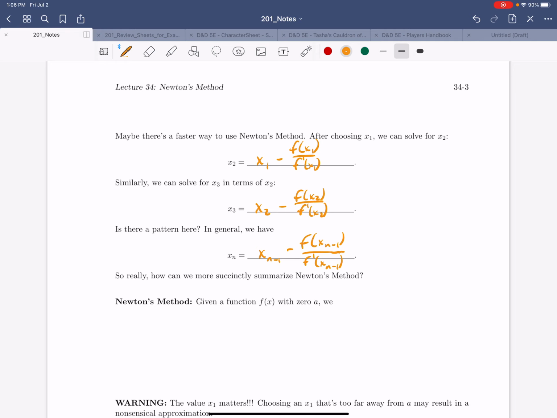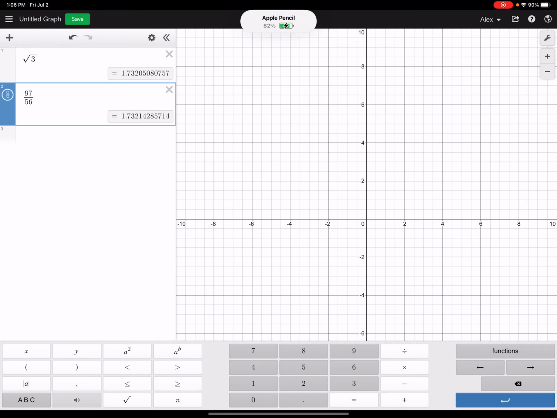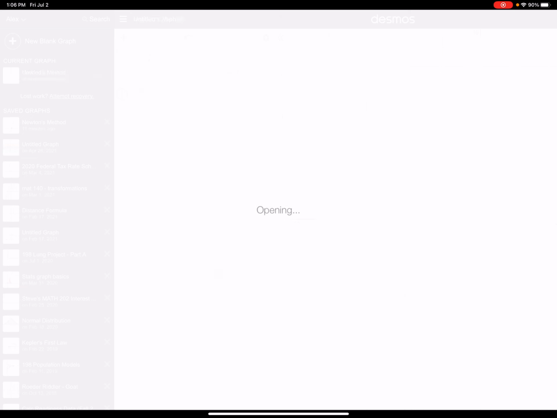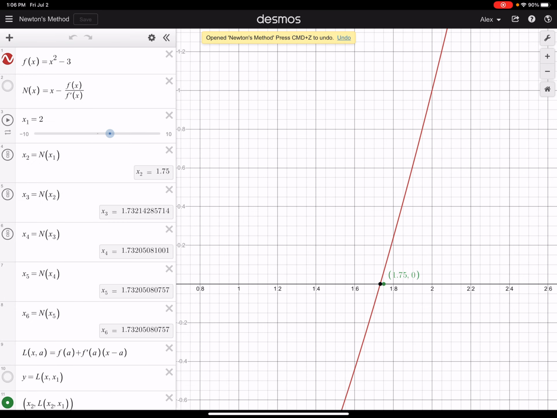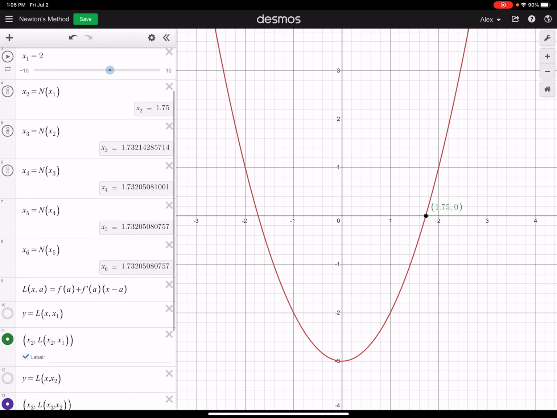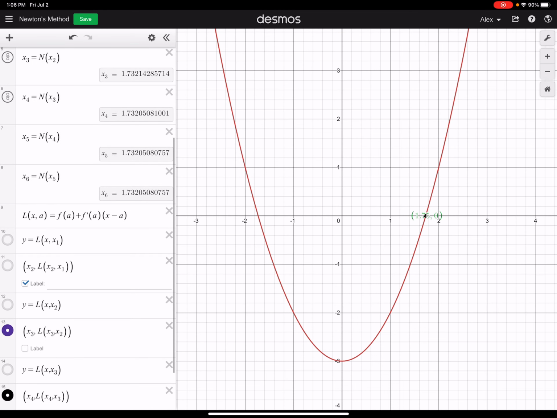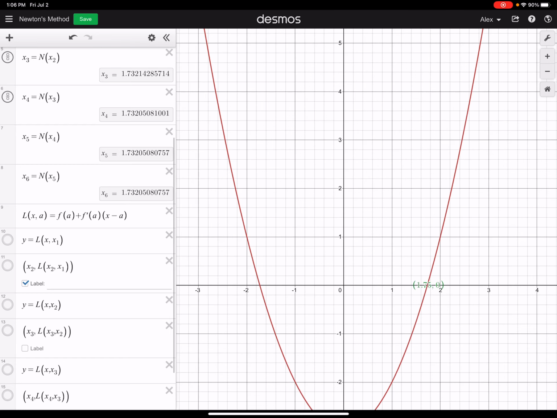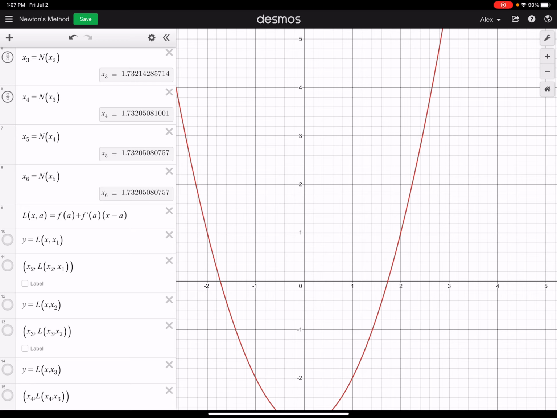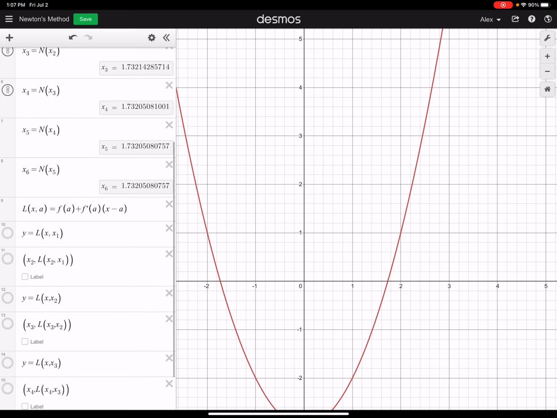Let me quickly illustrate what's going on here. Consider the function f of x equals x squared minus 3. Let's get rid of these guys, okay? What we've done is I've created the linearization and everything.